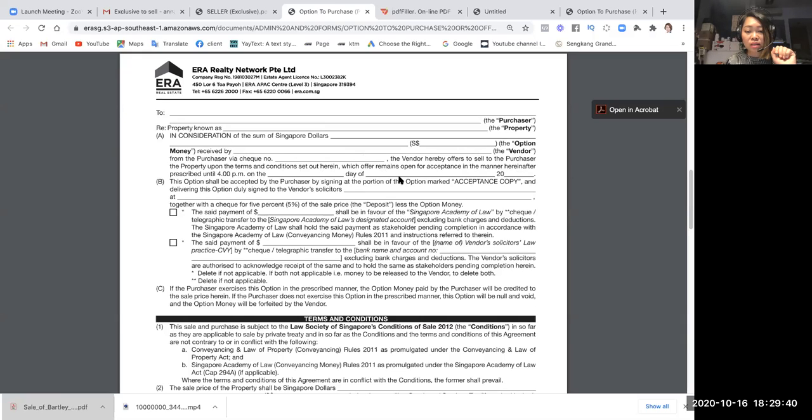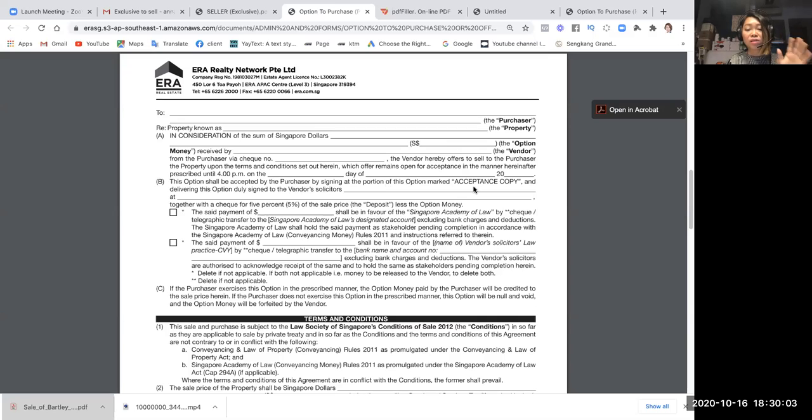So this means we are offering them to buy this property under this document, and the option shall be accepted by the purchaser by signing, duly signed at the vendor's solicitors. Actually, the purchaser signs at his own lawyer's office to mark acceptance.